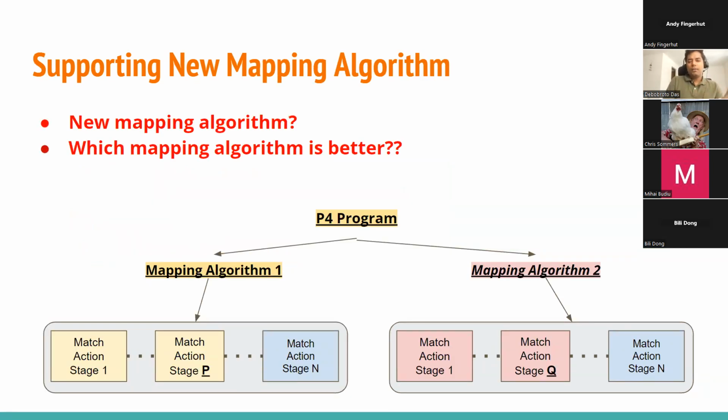Then the compiler backend, while mapping a P4 program onto the real hardware natives, needs to handle a couple of computationally intractable problems. If we want to find an optimal solution for a computationally intractable problem, of course, it may take a really long time.